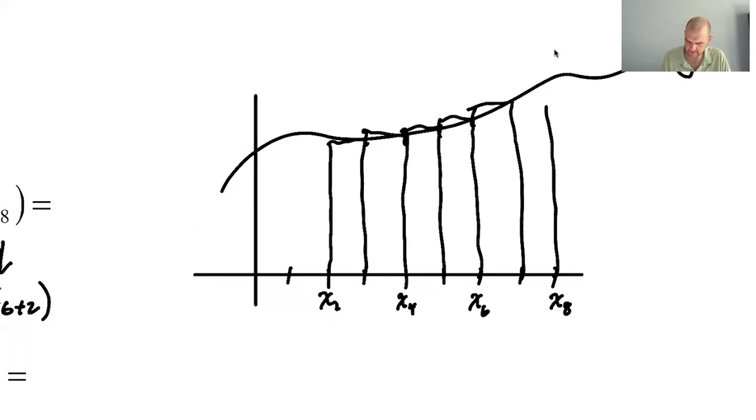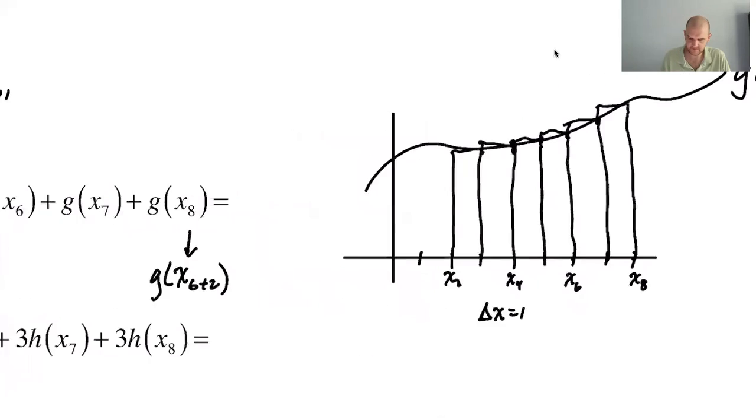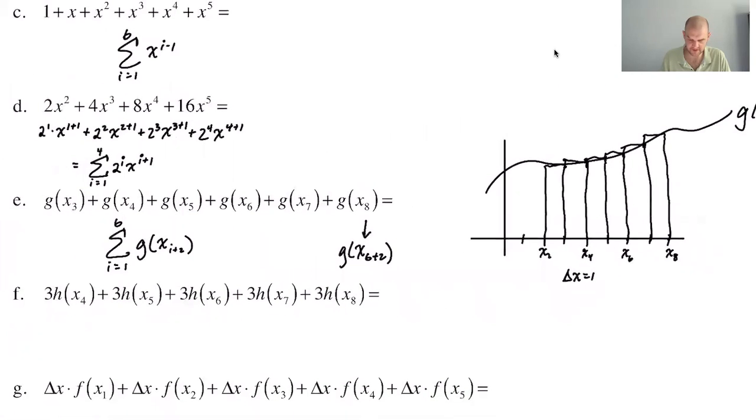Let's say delta x is always 1. If delta x is always 1, then if we knew what x2 was, we would know what all of them are. But this could represent a right Riemann sum for g of x starting at x2, right?